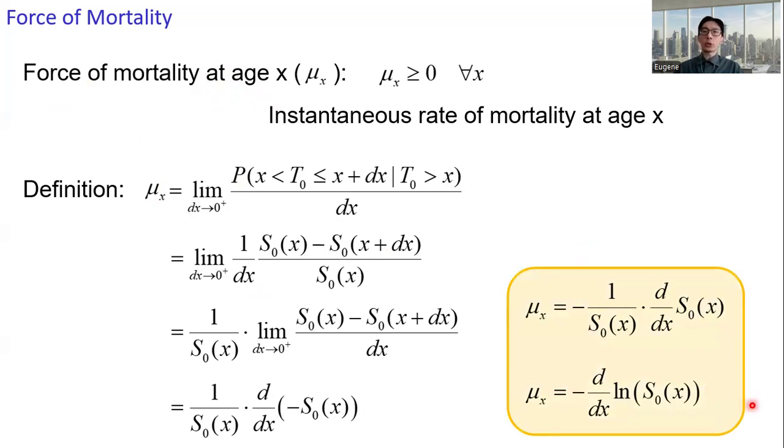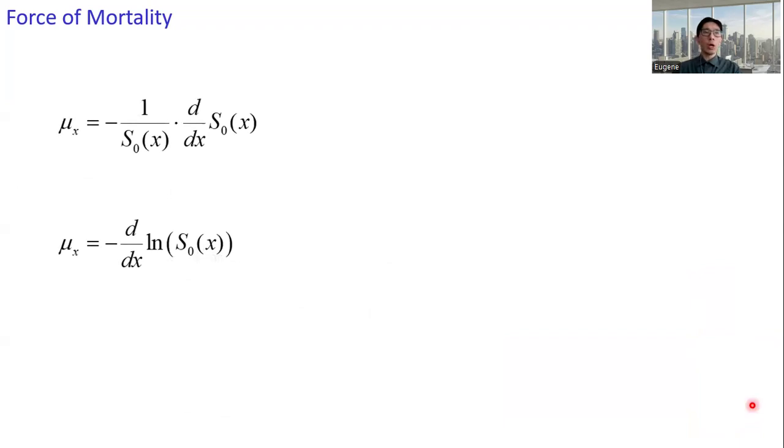All right, we get two expressions, and then we will further extend these two expressions to develop more relationships. The first one, take the fact that the density function for Tx equals the derivative of the distribution function or the negative derivative of the survival function.